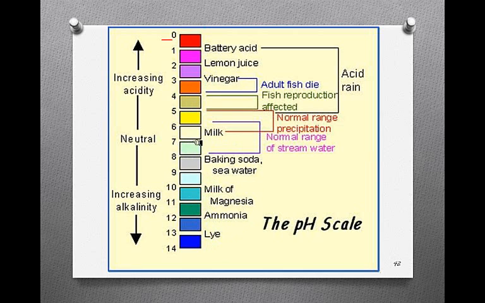Our body wants to hang out in a very narrow pH range, 7.35 to 7.45. It doesn't appreciate getting taken out of that range. For our purposes, we're going to talk about alkalotic and acidotic.